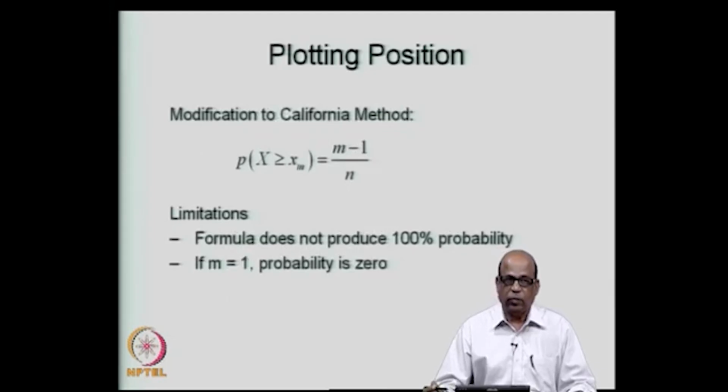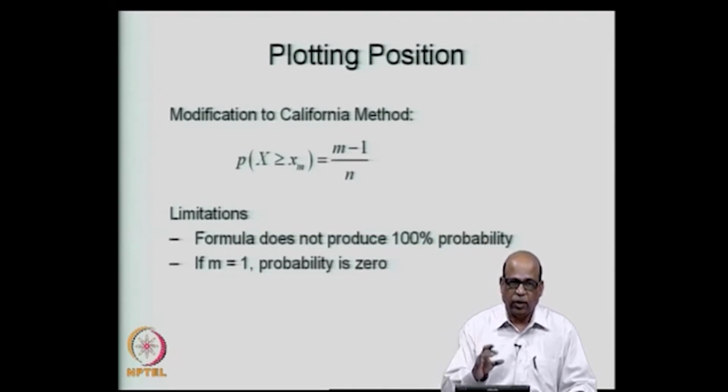A modification was suggested to the California method, where we do not take m by n, but m minus 1 by n. The moment we put m minus 1 by n, we have taken care of the limitation arising out of assigning 100% probability. However, we have introduced another limitation: when m is equal to 1, the probability is 0.